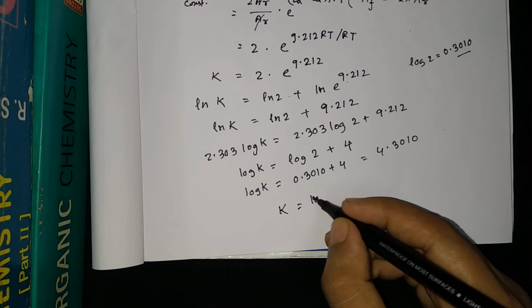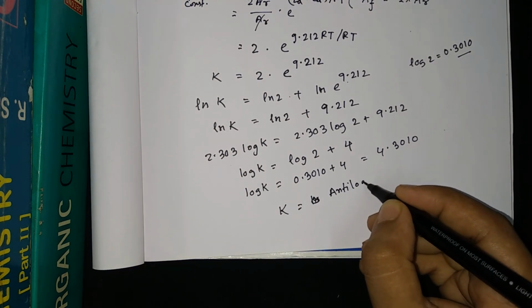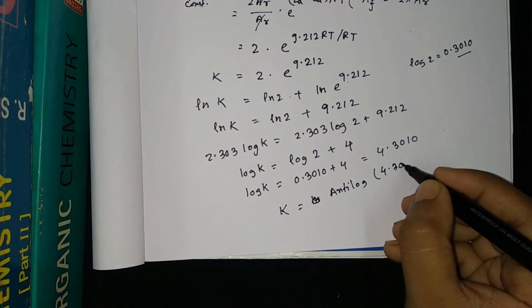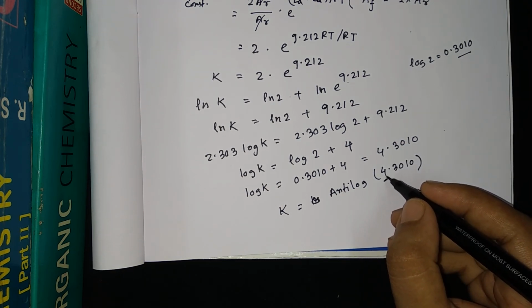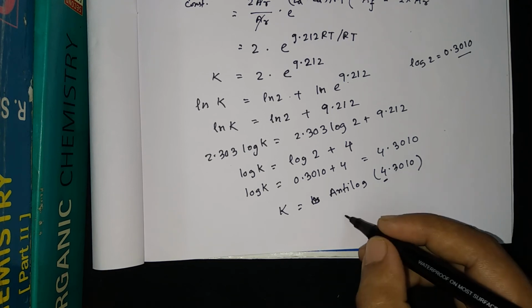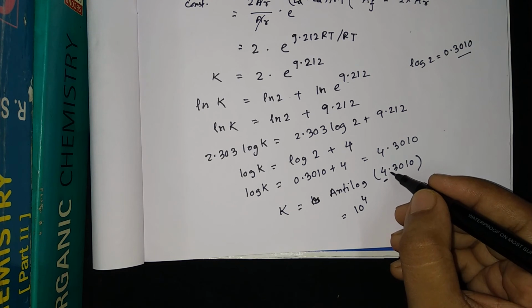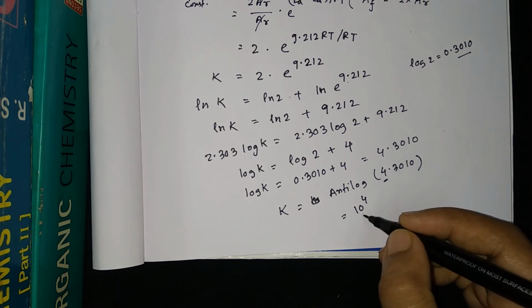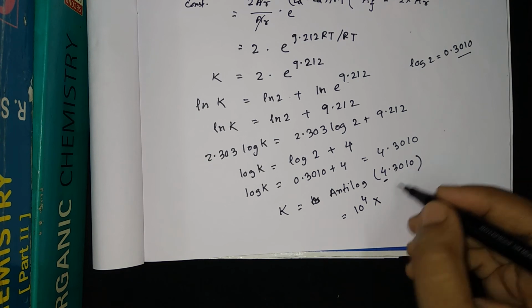So K equal to what will that be? So anti-log. Log will come to this side, so this will be the anti-log of 4.3010. Now the number before the decimal is 4, so this will be 10 to the power 4. This is the rule of anti-log: the number before the decimal becomes 10 to the power 4, into the anti-log of the part after the decimal.